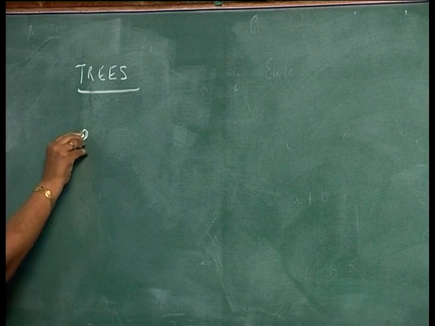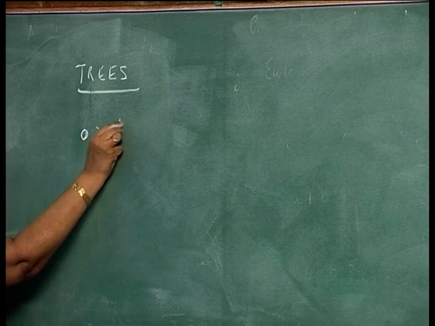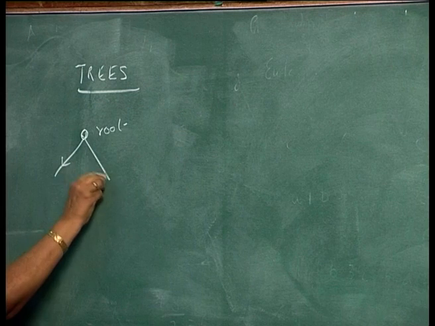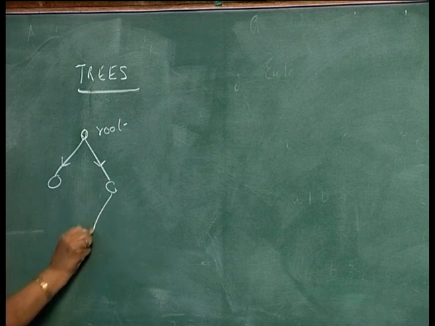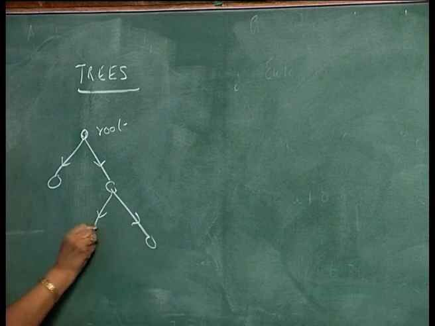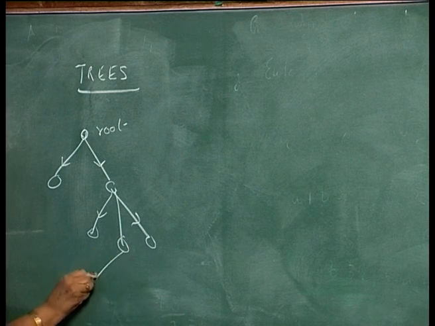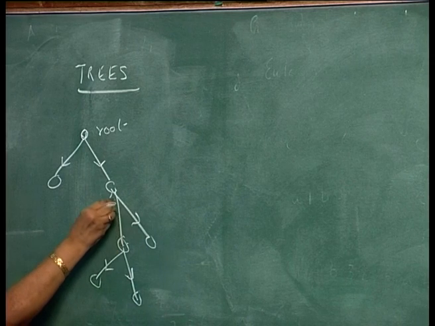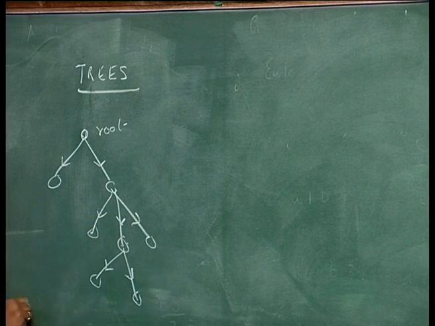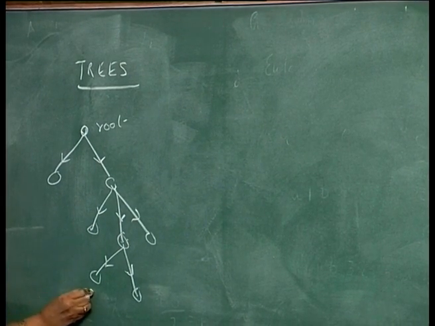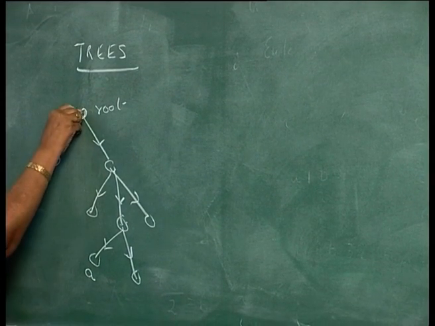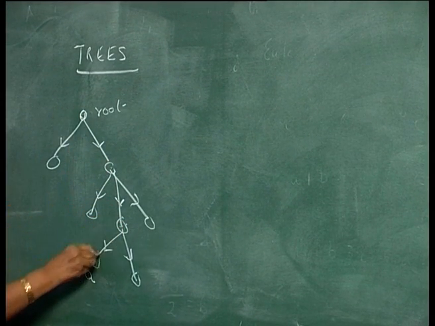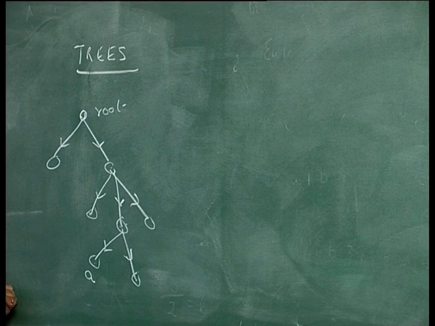So, a tree has a root which has in degree 0, and every other node will have in degree 1, and if you take any node A, there will be a directed path from the root to that node A.